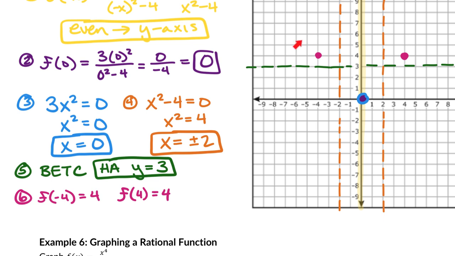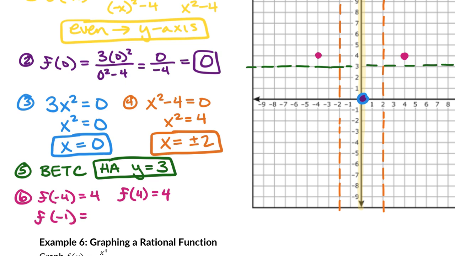Okay, I have information on the left side of this vertical asymptote, on the right side of this one. Do I have enough information in here? Yeah. We need an additional point in between these two numbers. What's a nice neat number in between -2 and 0 I can use? -1. So let's do f of -1.